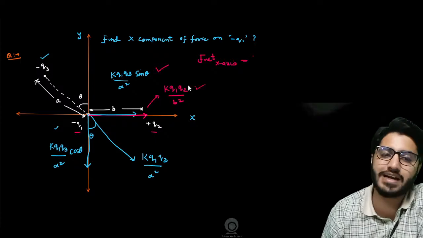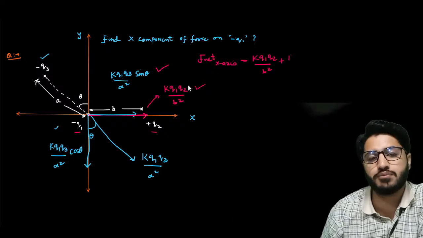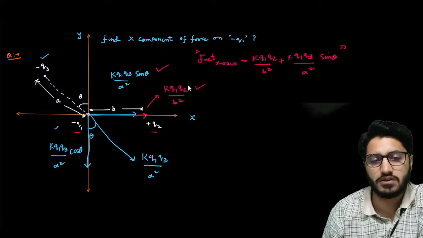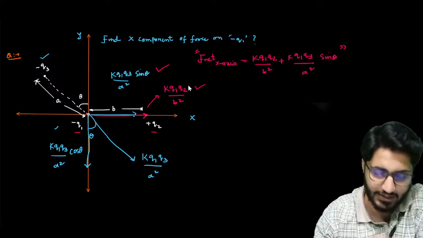So I can write here K Q1 Q2 by B square plus K Q1 Q3 divided by A square sine theta. This one represents my answer.